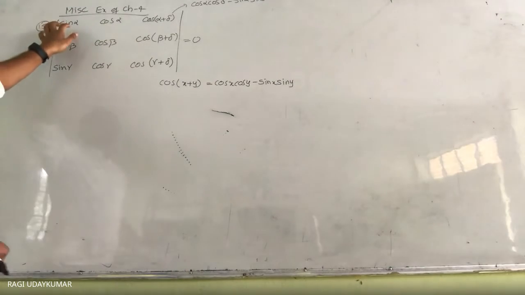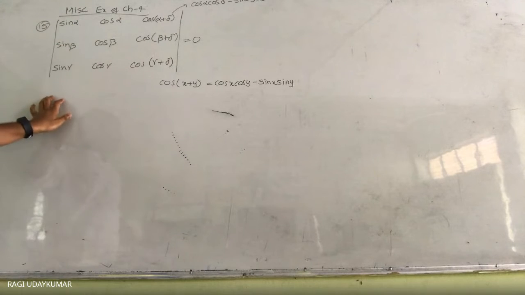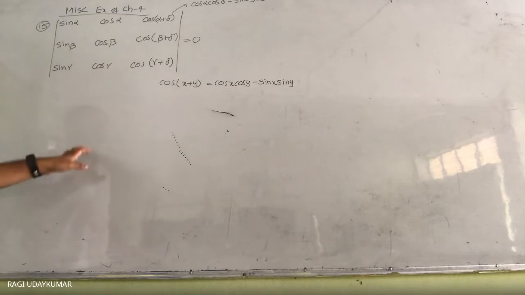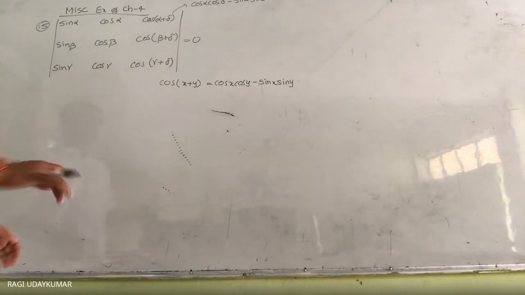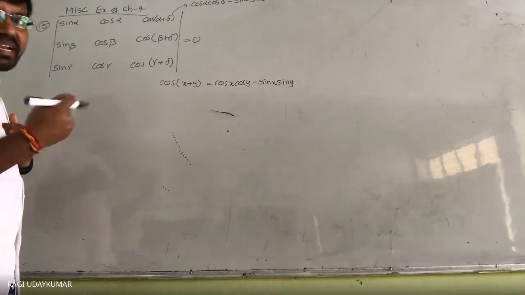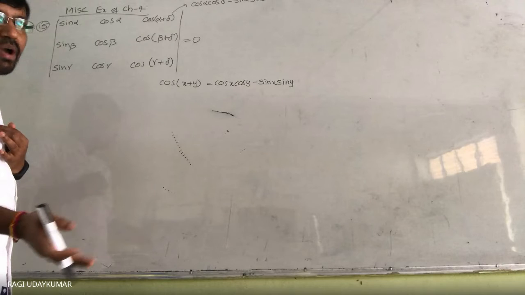Here sin alpha is there and sin delta, so first column multiply by sin delta, second column multiply by cos delta. When you are multiplying, you cannot multiply directly, you have to divide it.